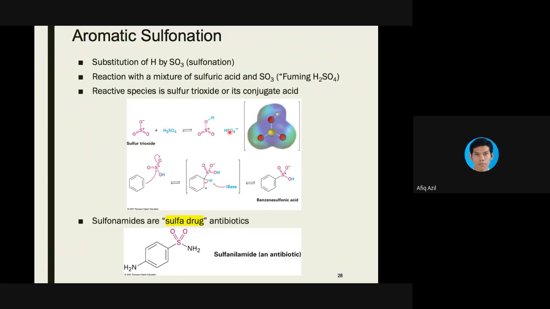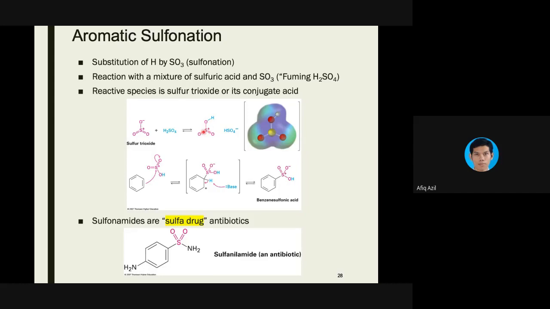Basically, this oxygen over here will donate one of its electrons so that it can take one of the hydrogens from this H2SO4. So now this oxygen is already bonded to this hydrogen, and this sulfur will be permanently positively charged.